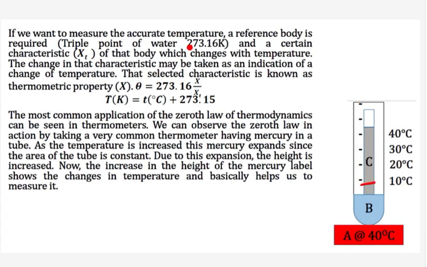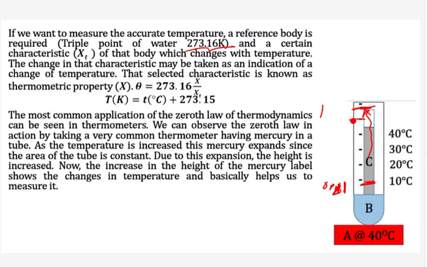So we know this temperature, let's say 0.01 degree centigrade. Then the steam point, steam temperature, we know that is 100 degree centigrade. We'll take that in contact with the steam, and it will expand till there. After that it won't expand, the heat transfer will be zero, so it will come in thermal equilibrium, and we know that particular point.